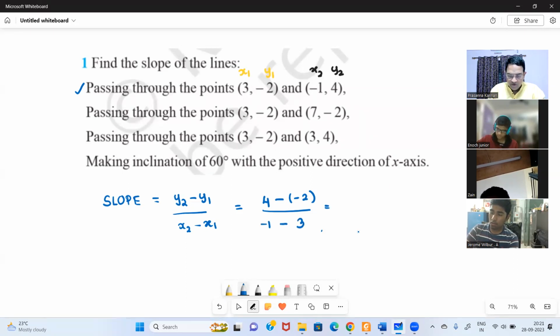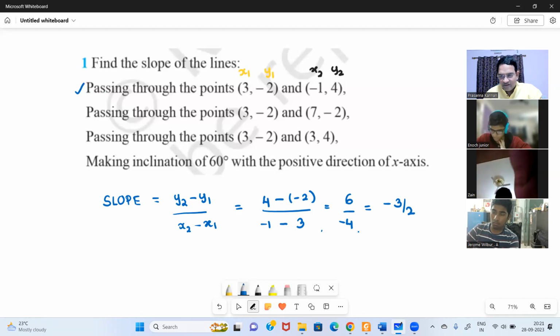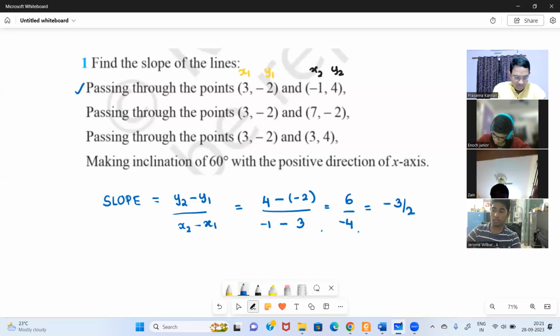Exactly. So what do you get? 4 minus of minus 2 is 6, correct? Divided by minus 4. Therefore, what is the slope? Are you all getting the same? Yes, sir. Okay, good.